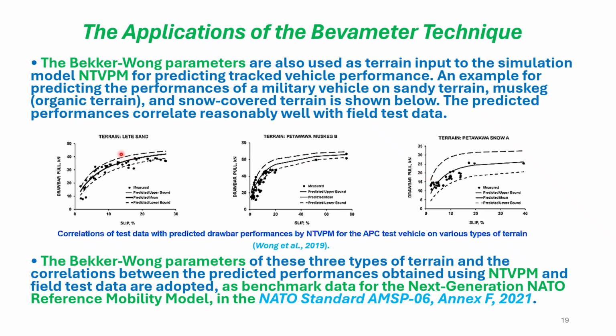For example, on the sandy terrain, the measured drawbar pulls at different slips are represented by the data points. The solid line represents the predicted performance using NTVPM with the mean values of the Bekker-Wong parameters. The two dashed lines represent the performances predicted with the upper bound and lower bound values of the Bekker-Wong parameters.